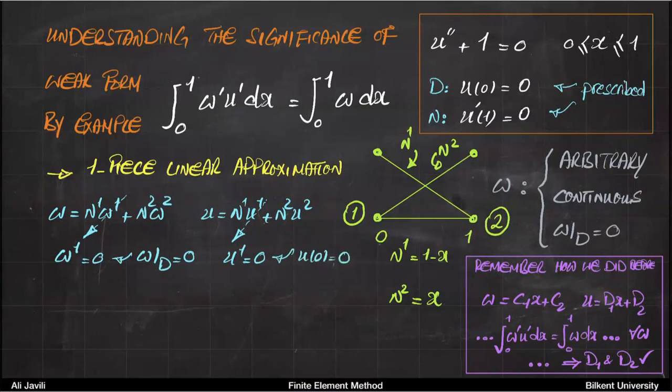So basically what you have is a shorter version. W is just x w2, and u, in a similar manner, is now just N2 u2, which is simply x times u2.